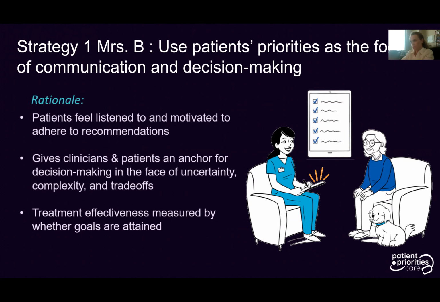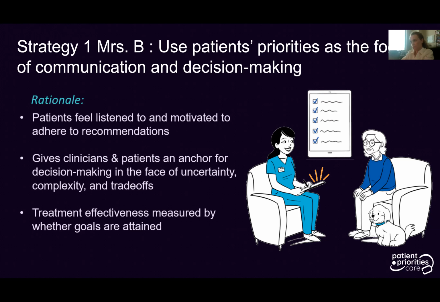The first one is patients feel listened to and motivated, and they're more likely to adhere to these recommendations. Secondly, it gives clinicians and patients an anchor for decisions in the face of uncertainty, complexity, and trade-offs. And lastly, treatment effectiveness is measured by whether or not the goals are attained.